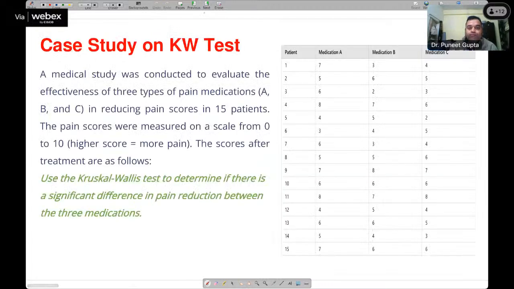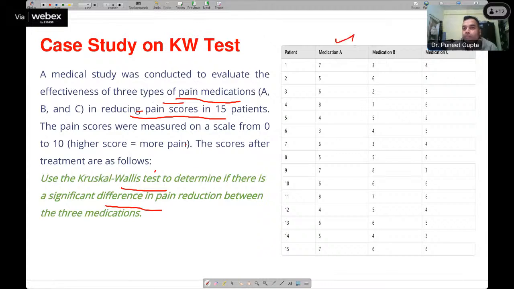So again, I have taken one example. A medical study was conducted to evaluate the effectiveness of three types of pain medications in reducing pain scores in 15 patients. The pain score was given between 0 to 10. So you have to use the KW test to determine if there is a significant difference in the pain reduction between 3 medications, okay?